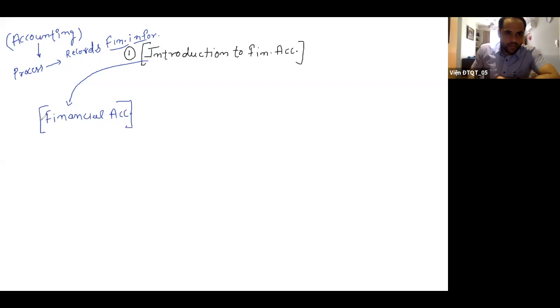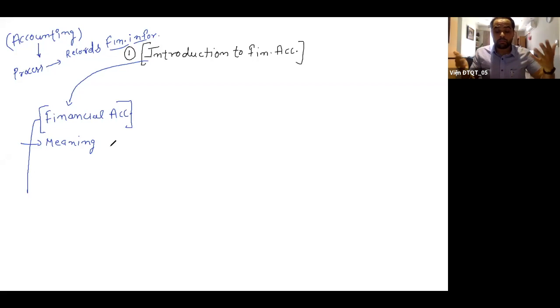Okay, so let's start with the meaning. I already gave you very basic ideas about what financial accounting is, which is of course for external users, right? So how can we define the exact meaning of financial accounting? Of course, financial accounting provides information to external users, but how can we define it in more academic or corporate language, right?